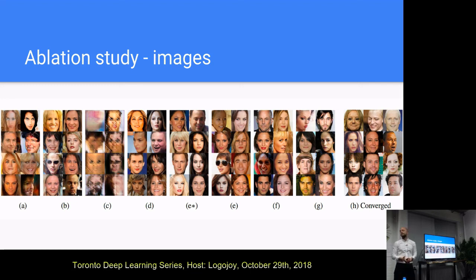Can you just explain the Wasserstein distance again and what exactly is being compared when you take that? Okay. So the Wasserstein distance is an approximation of the Earth mover's distance. And the way you can intuitively think about it is if you have two piles of dirt that are distributions, the Earth mover's distance is the cost of moving the dirt from one to the other to get them to be the same.